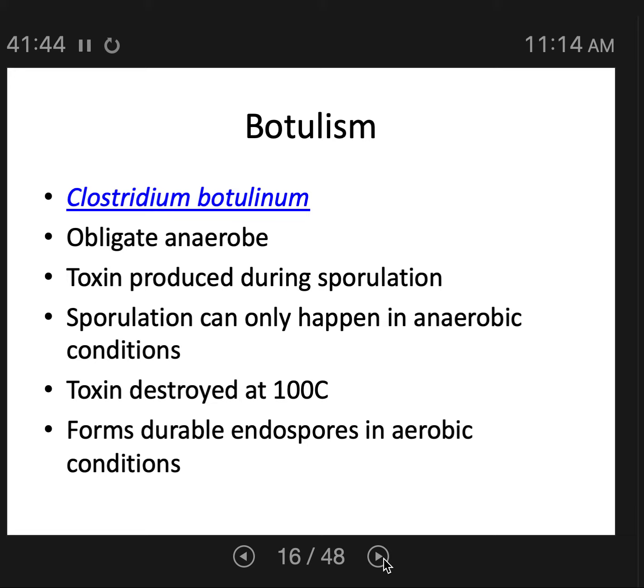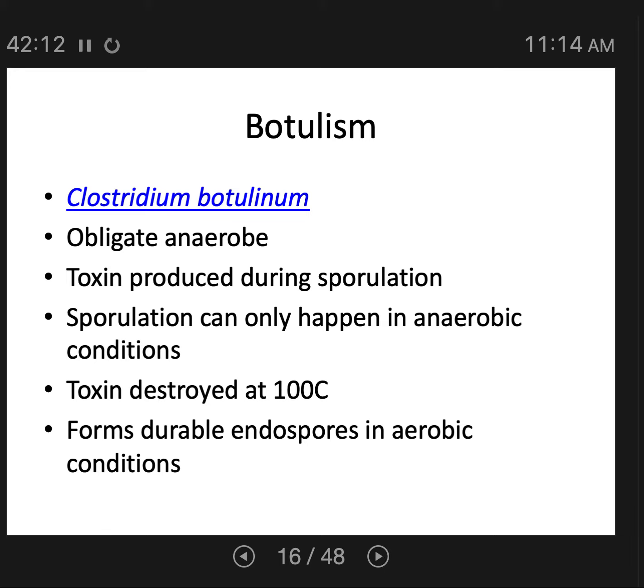The endospore is in there so it doesn't get killed. And then once the can cools down, it can germinate. There's no oxygen, it's nice temperatures, it's great for Clostridium botulinum. It's in there eating the tomato sauce, producing this waste product that happens to be toxic to us. We open the can, we heat it up to 100, we eat the tomato sauce. If we eat that toxin, then we will be poisoned by it with paralysis.